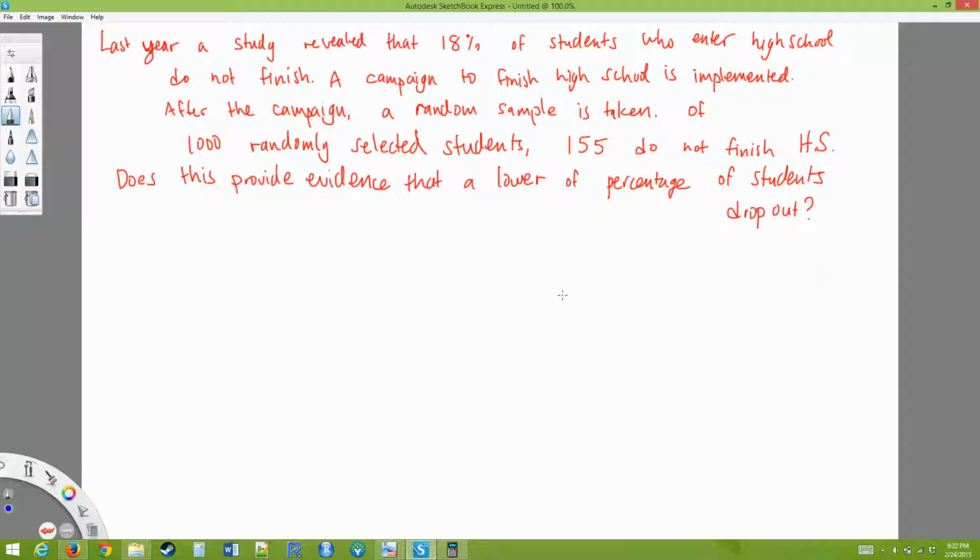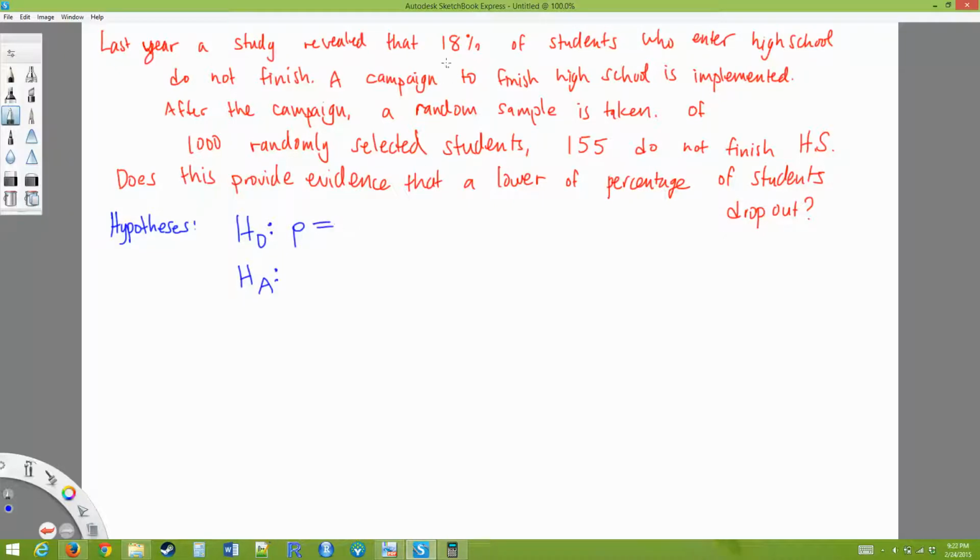Okay, so let's set up our hypotheses. We have a null hypothesis and an alternative hypothesis. Notice that I'm using colons here and not equal signs. The null hypothesis is always about the population, so we're always going to use a p when we're dealing with proportions, never p hat.